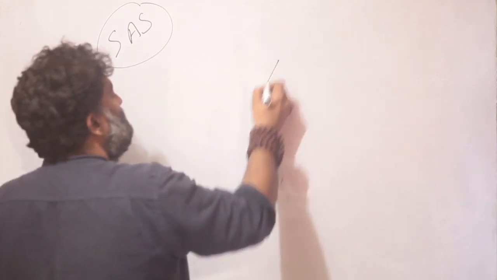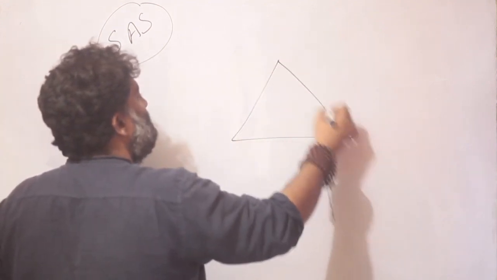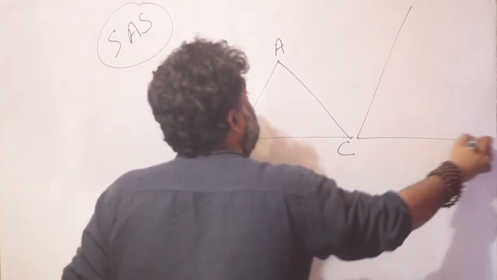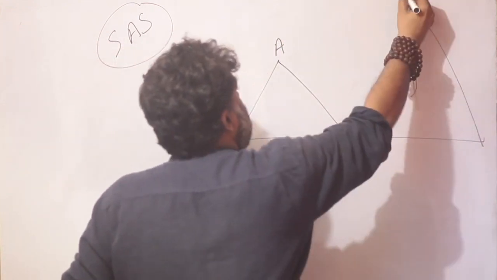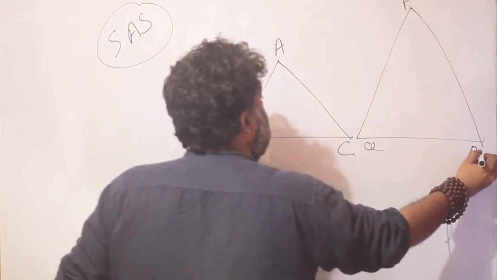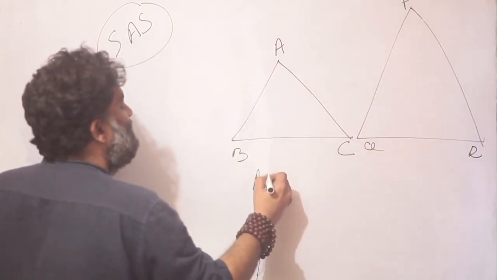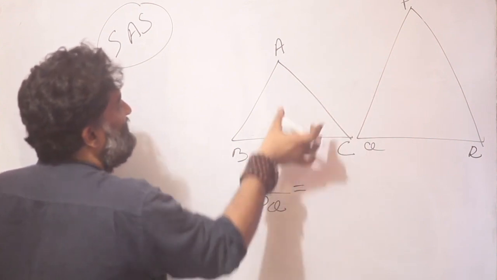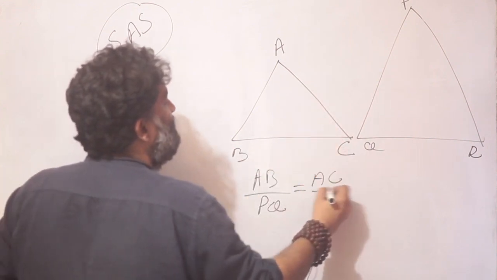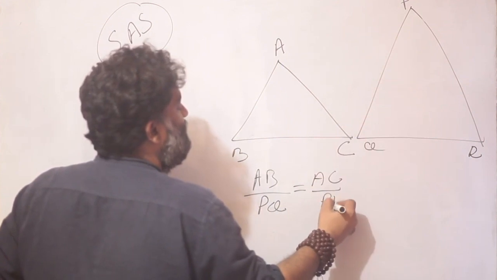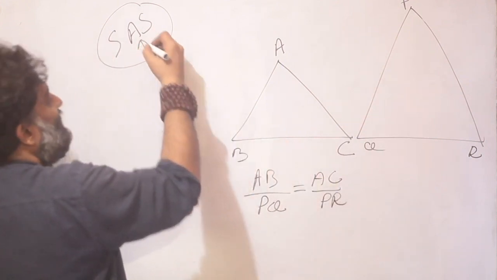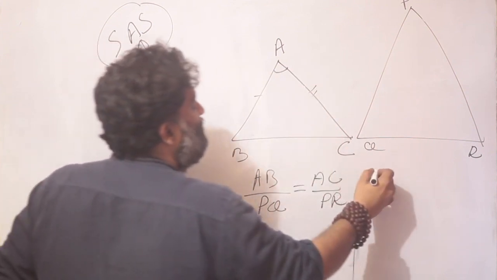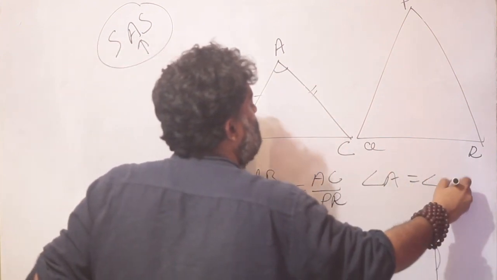So once again, this piece of information given to me is that there are two triangles A, B, C, and another triangle P, Q and R, and it is given to me that AB upon PQ is the same as AC upon PR, and the included angle, that means this angle which is in the middle of these two sides, is also equal.